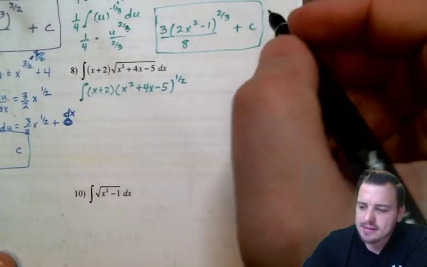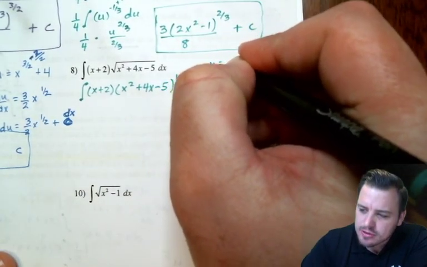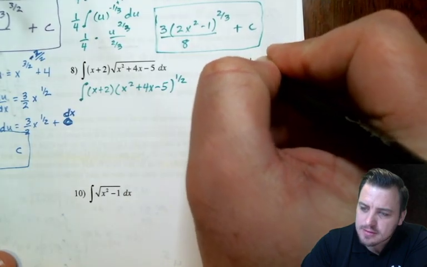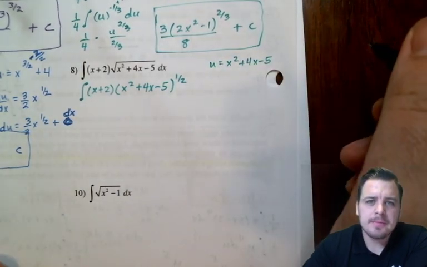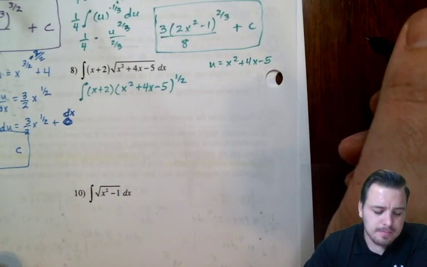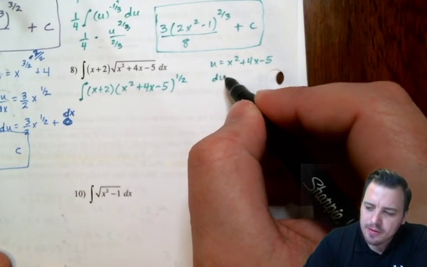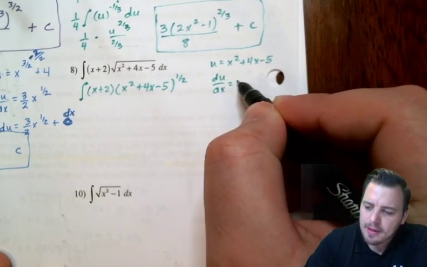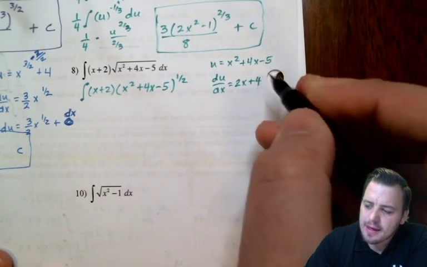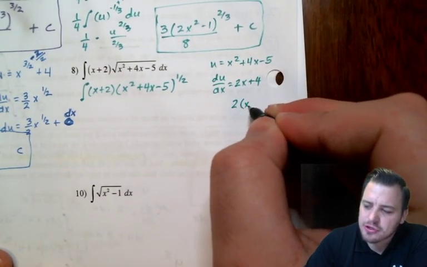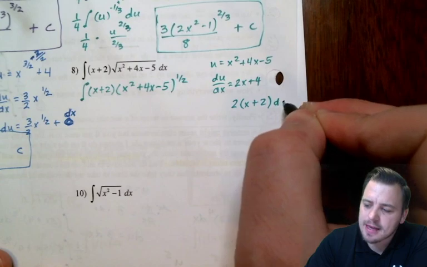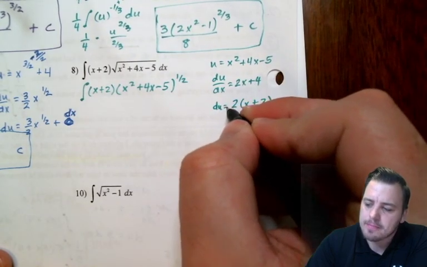So with that, let's just say u is equal to x squared plus 4x minus 5. And we'll take our derivative from there. That's 2x plus 4. As I said, we can factor a 2 out, leaving me that dx, and that would be my du.